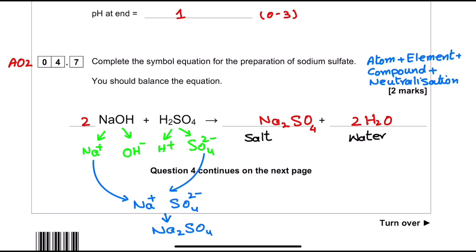After multiplying, we need to check again. 2 sodium, 2 sodium, 4 hydrogen and 2 times 2, 4 hydrogen, 2 oxygen and 4 oxygen, 6 oxygen, and 4 oxygen plus 2 times 1, 2 oxygen, altogether 6 oxygen, 1 sulfur, 1 sulfur. So the equation is balanced.